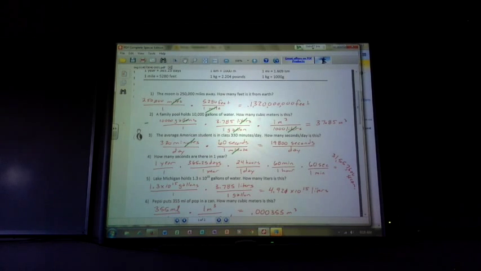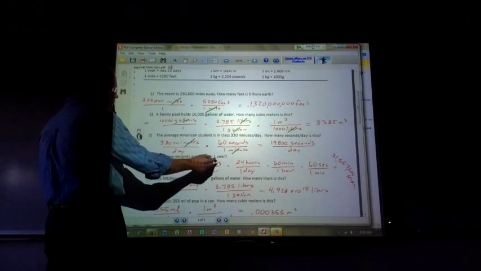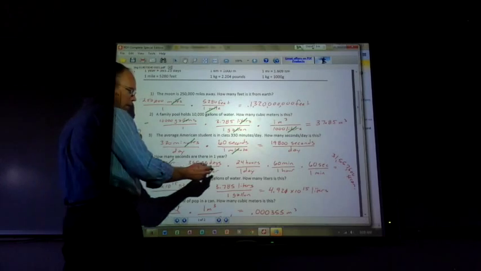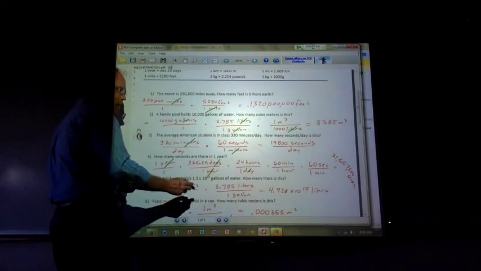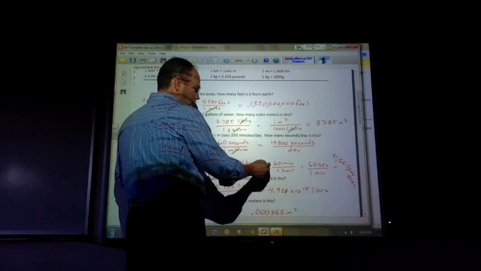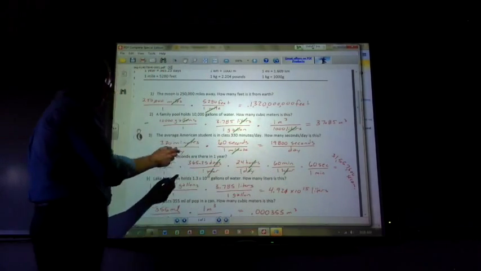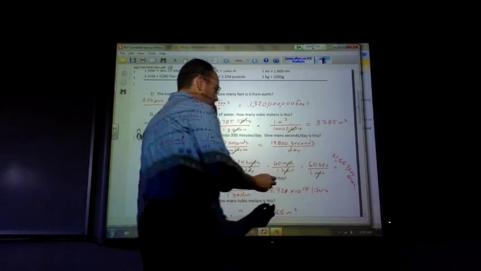How many seconds are there in a year? So I have 1 year. I know that 365.25 days is 1 year, so now years is going to cancel out. And then I know that 24 hours is in 1 day, so day will cancel out. And then I have 60 minutes in an hour, so hours is going to cancel out. And then I know that 60 seconds is 1 minute, and that allows us to cancel out minute.